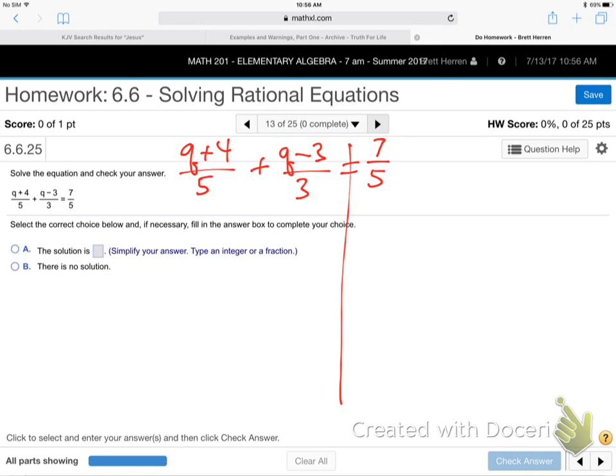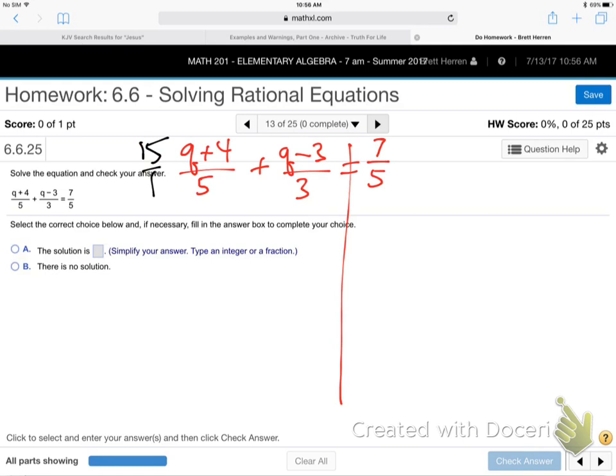Cross cancel, multiply what's left over. Okay, so common denominator 15.